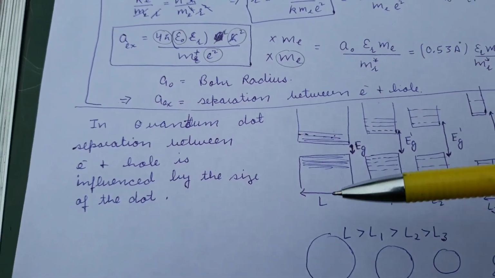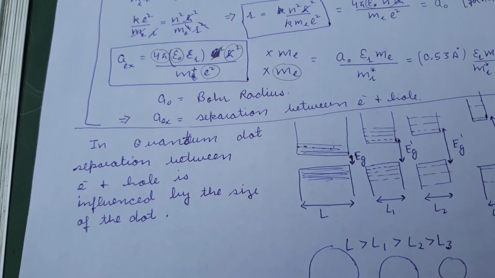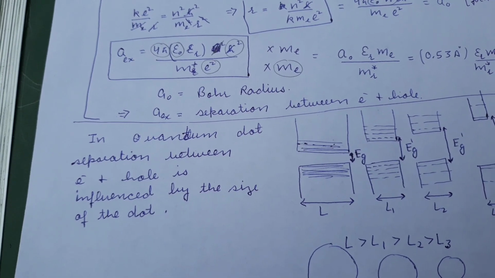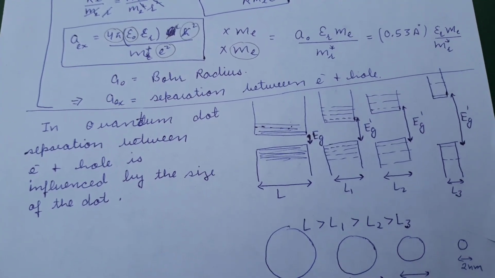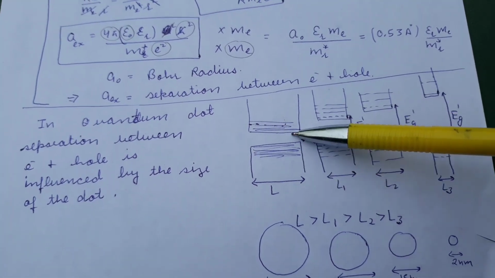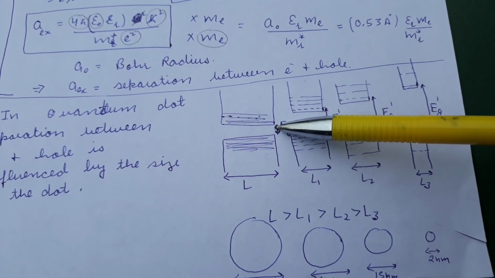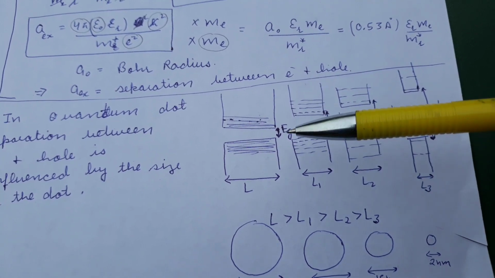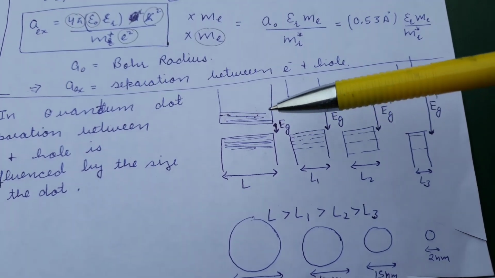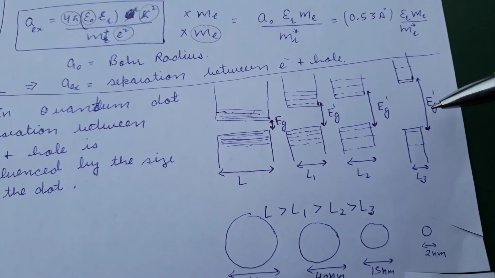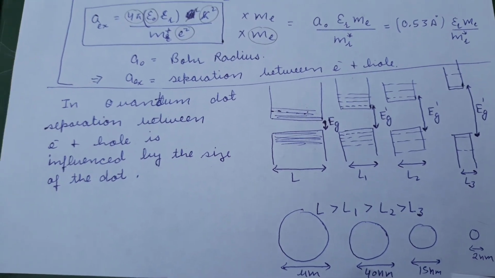So in quantum dots, the separation between electron and hole is influenced by the size, because if the size decreases, the electron and hole will be nearer, as compared to when the size is large, when they will be at a larger distance. As you decrease the size, the band structure will go from continuum to discrete, the energy band gap will increase, and the distance between electron and hole will also decrease.